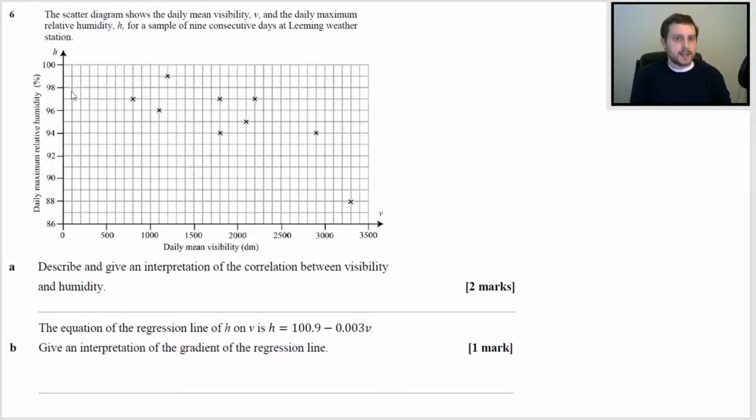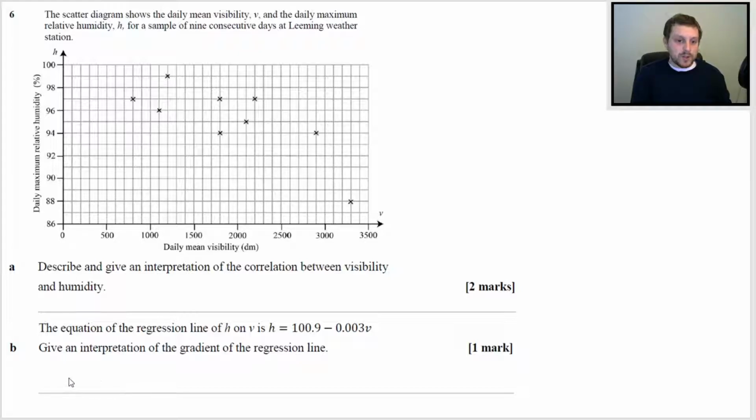It would be distance over time. You've got to think back to what the gradient of a straight line is really about, and that would be speed, wouldn't it? Here, however, it's not speed because it's not distance and it's not time. It's like humidity per visibility. So it's a bit weird, isn't it?